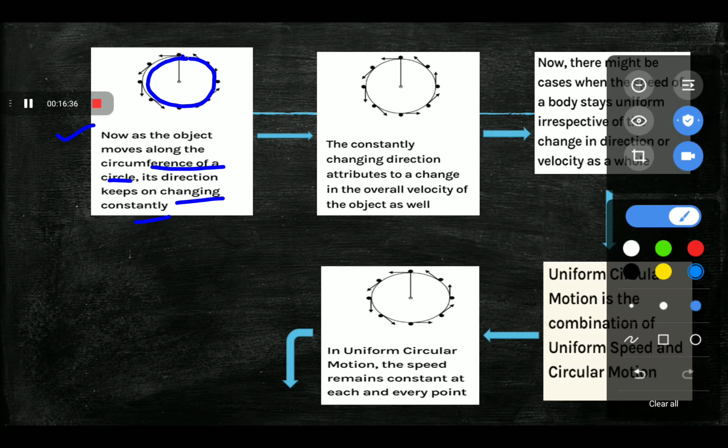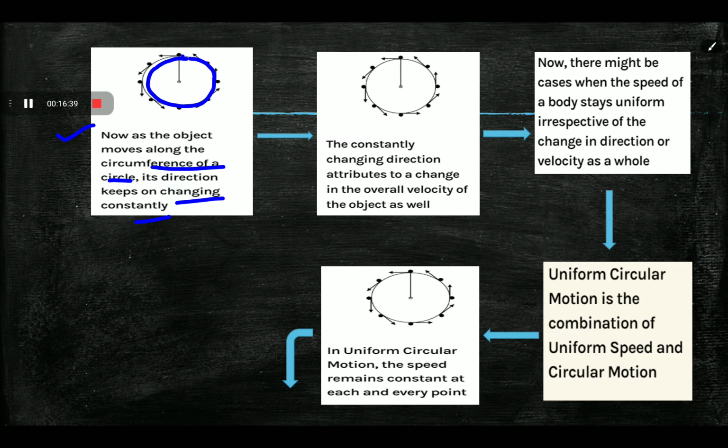But at each and every point, the direction keeps on changing. At this point, the direction is this. At this point, its direction is this. At this point, its direction is this. At this point, its direction is this. So direction keeps on changing.